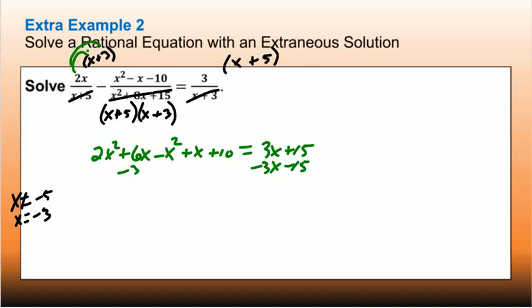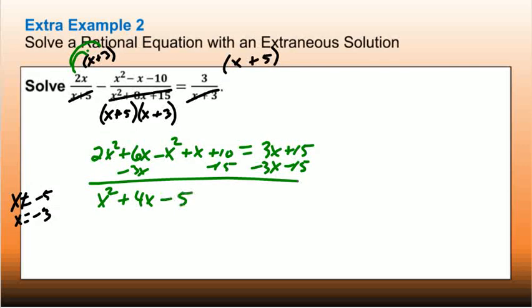So minus 3x minus 15. I now have 2x squared minus 1x squared is x squared. 6 minus 3 plus 1. 6 minus 3 is 3, plus 1 is 4x. And then 10 minus 15 is negative 5.